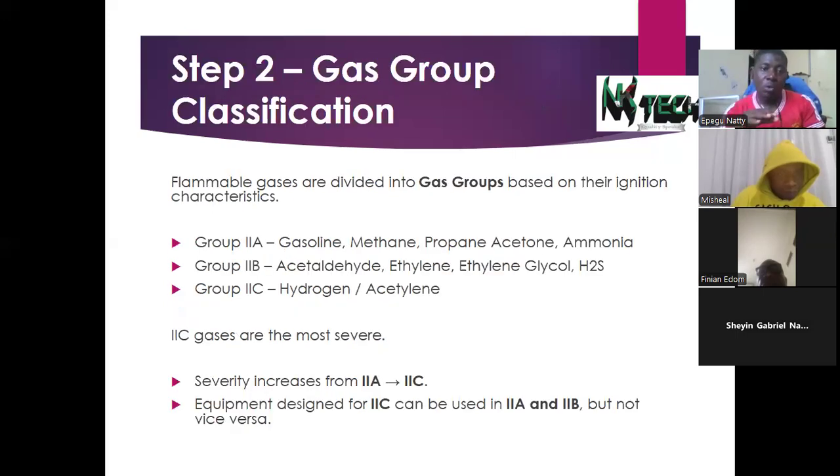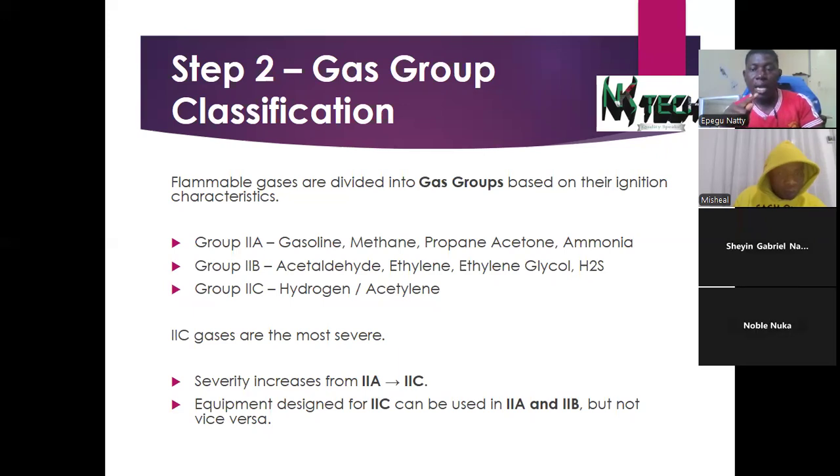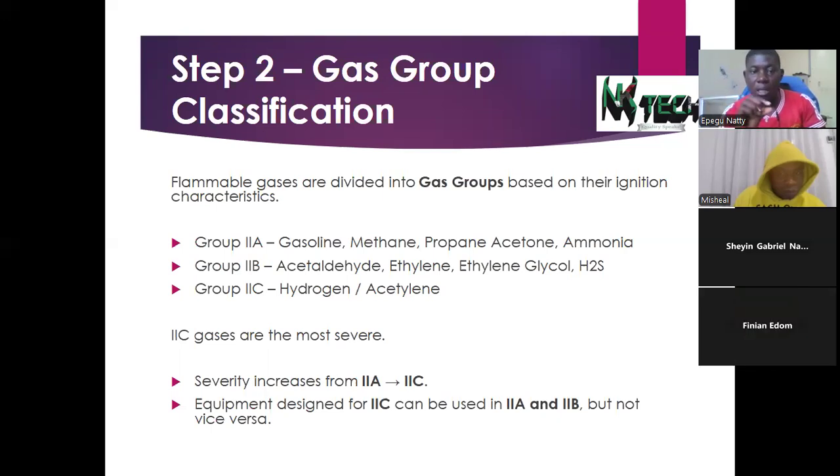Okay, so now let's categorize these gases into their groups. Flammable gases are divided into groups based on their ignition characteristics. The first one is group IIA. Group IIA covers gasoline, methane, propane, acetone, and ammonia. Pay attention to this group because it's very important.